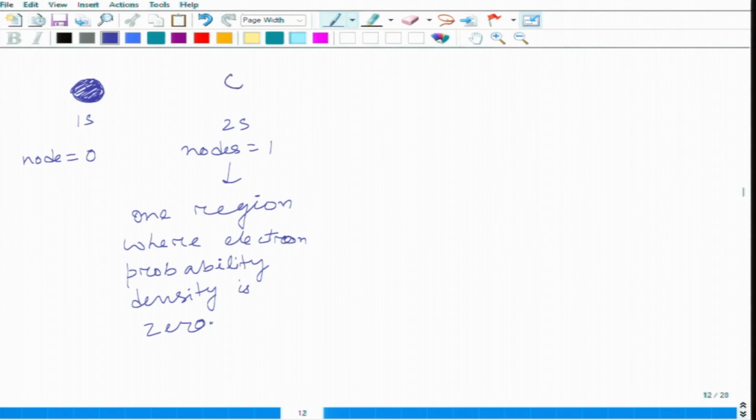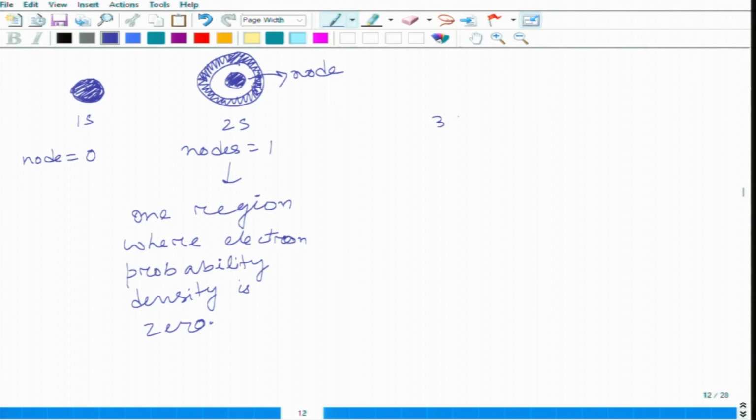So 2s is drawn like this. The probability density is present here and in this region also, but this is the blank space, that is the node. So we have one node.